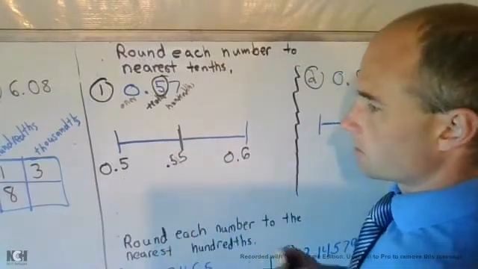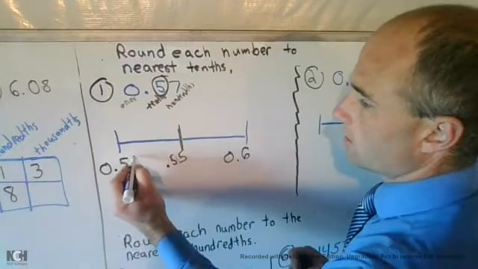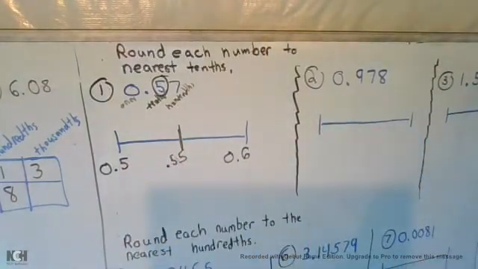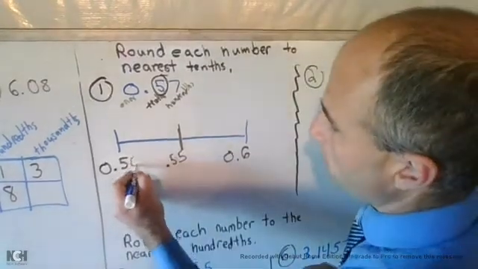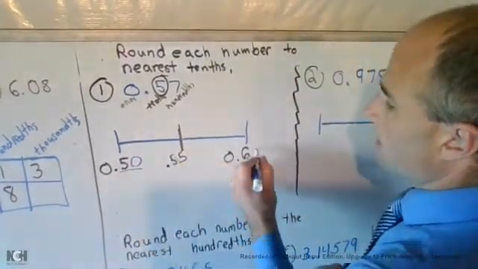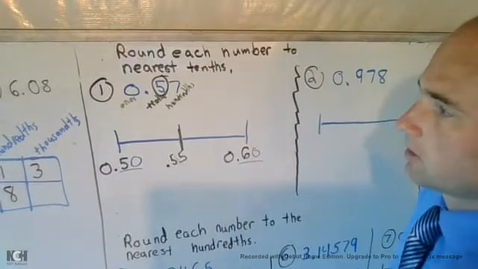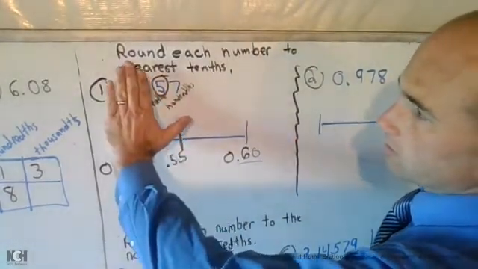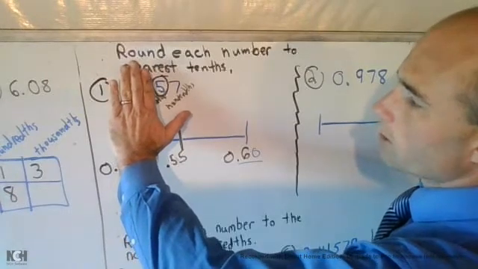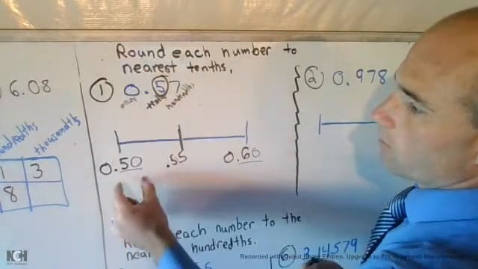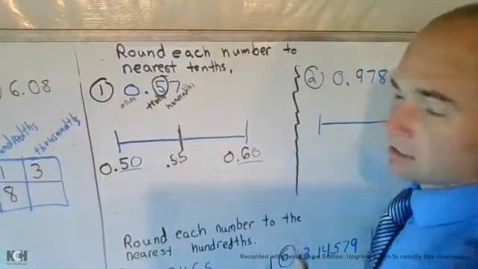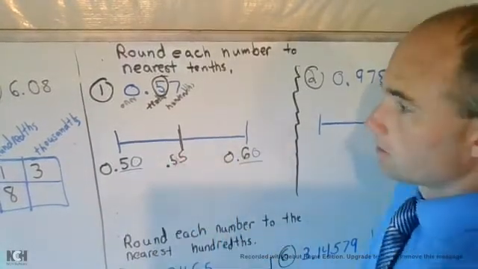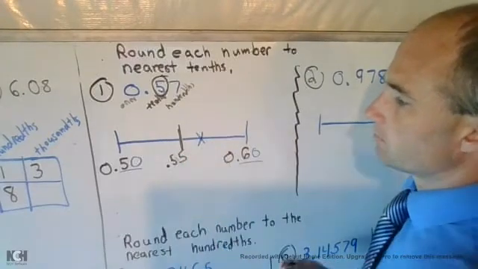So what I like to do is turn these into the place value that's next, which is 50/100th and 60/100th. Now you can look at this number as just a 57 and say, all right, where does 57 fall when it's 50 and 60? Well, I have 55 in the middle. So 57 is going to be somewhere around here.